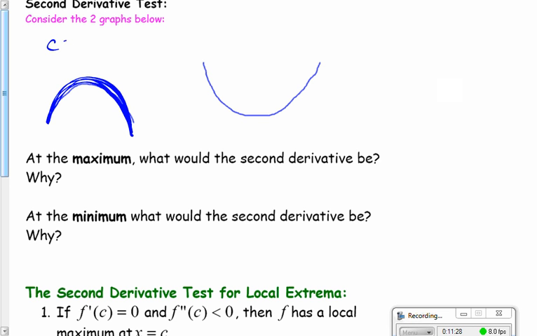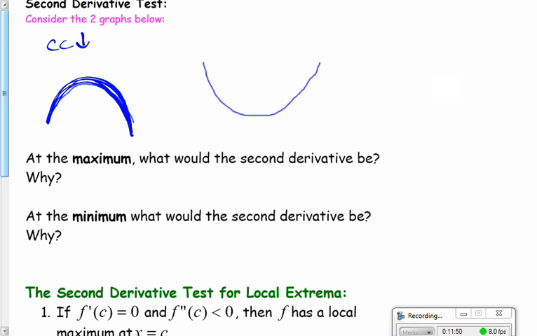It is concave down. If I knew there was a critical value on an interval, critical value means slope is 0, and I knew that the graph on that interval was concave down, how many options do I have for what type of critical point it is? What does it have to be?